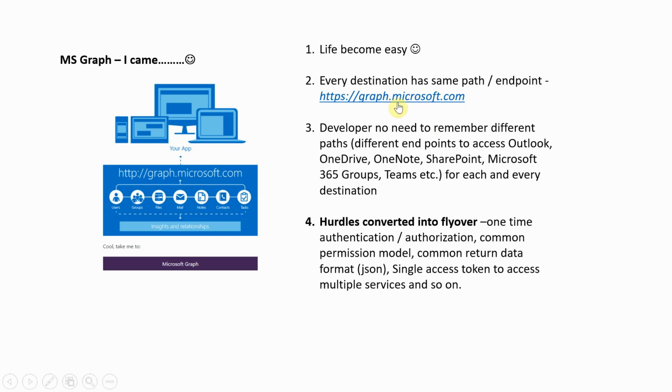So I no longer need to remember different endpoint paths for each service available under the Microsoft 365 cloud. That was the first point. Life became easy. Developers no longer need to remember different paths, and there is the same permission model. Only one-time authentication and authorization is required. The permission model is the same, the returned data format is the same JSON format, and a single access token is required.